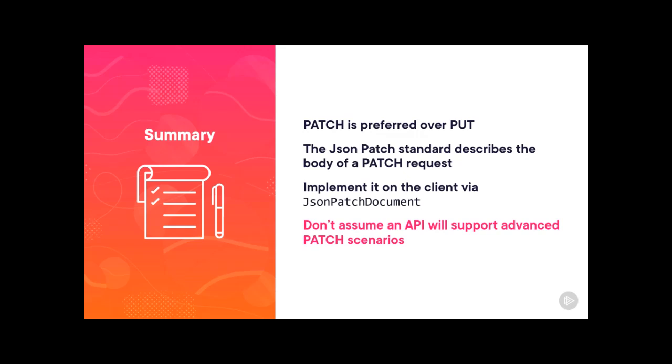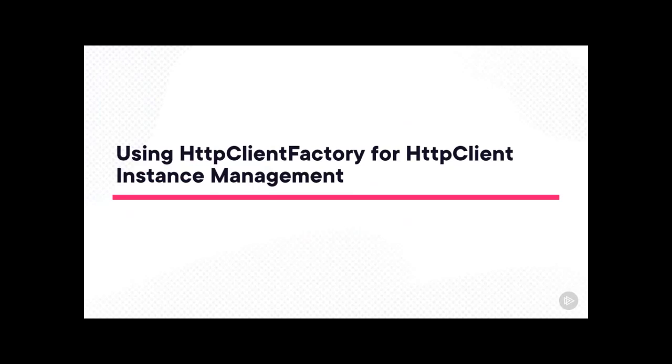So, if you're integrating with an API, it's important to check what it allows before creating patch documents. We've used the HttpClientFactory in this and the previous module for HttpClient instance management. Let's check that out in some more detail in the next module.